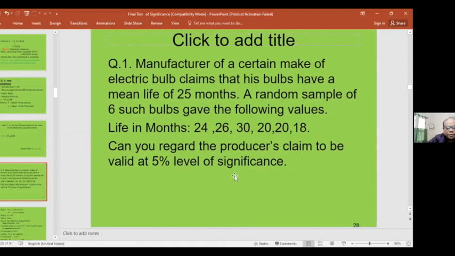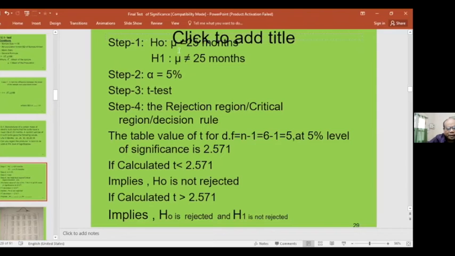Now we are going to see whether the claim of 25 months is valid or not. The claim made by the producer that my bulbs have a lifespan of 25 months: is it valid or not? Then what is the null hypothesis? In wording, the null hypothesis is that the claim made by the producer is not valid. So the null hypothesis is always no, not.